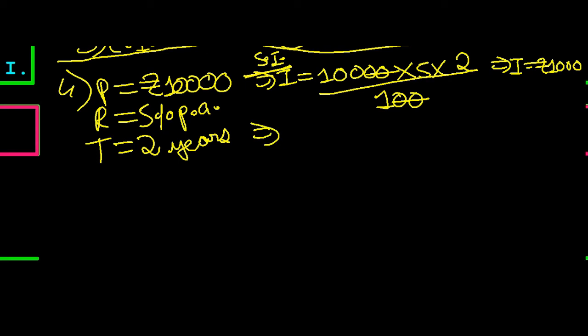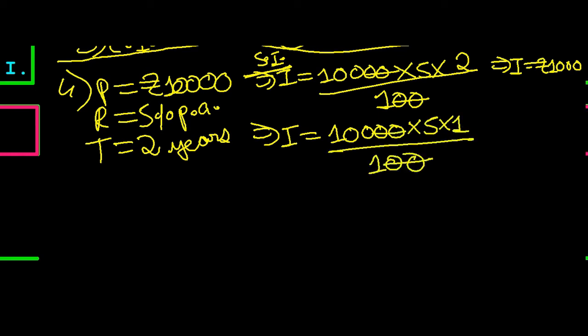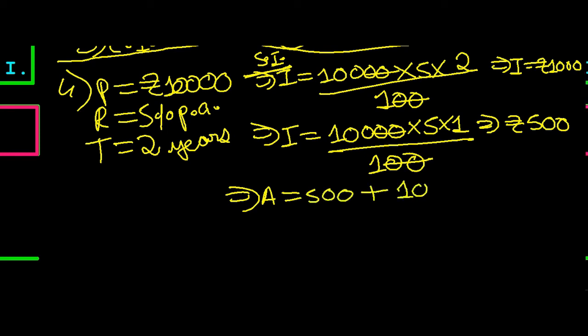Now we are finding the compound interest. For this we will calculate the compound interest yearly. 10,000 into 5 into 1 by 100, zeros are cut, and we get the interest is equal to 500 rupees. And we find the amount. Amount is equal to I plus P, 500 plus P, P is 10,000 rupees, which is amount is equal to 10500.